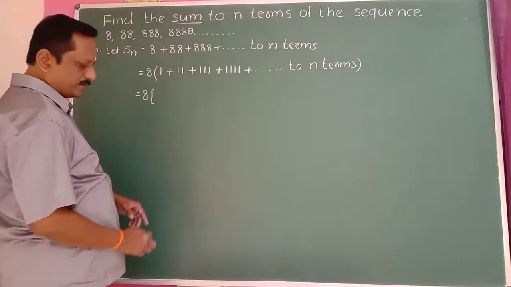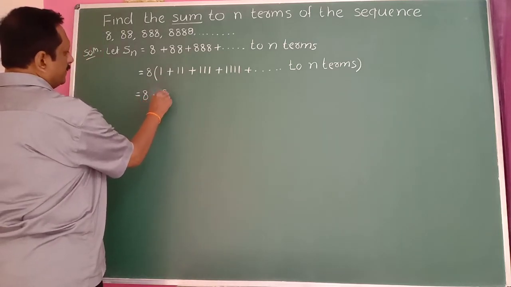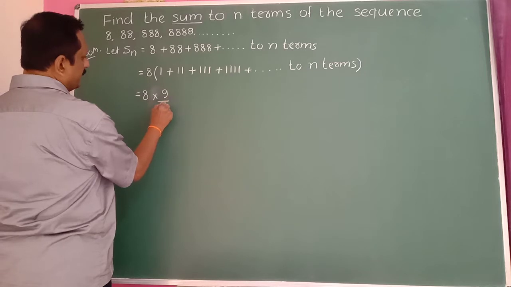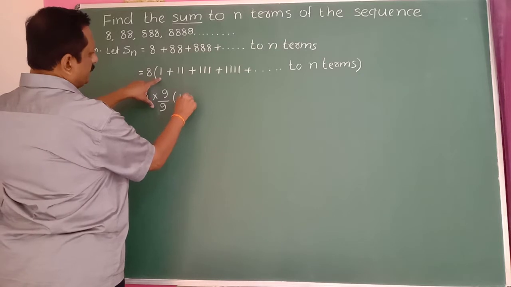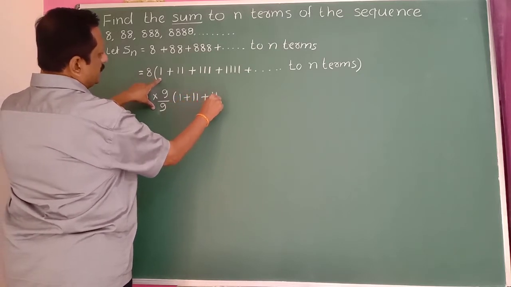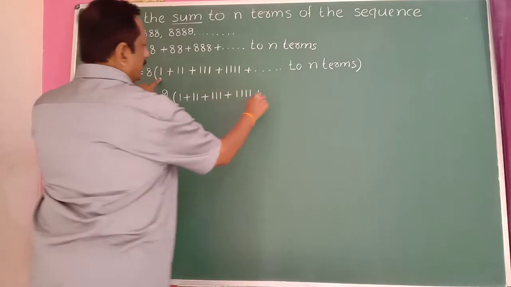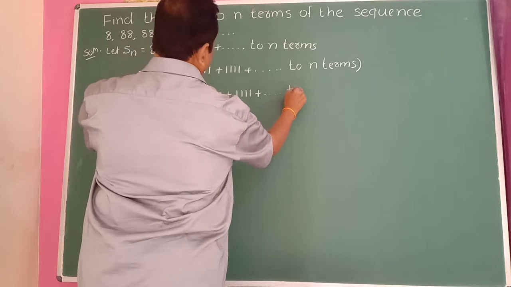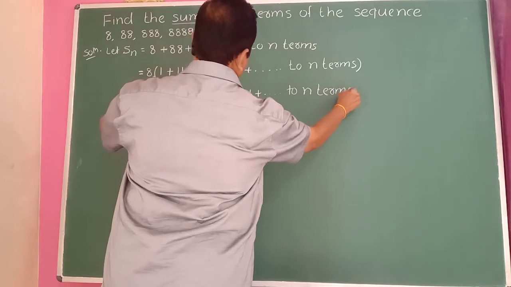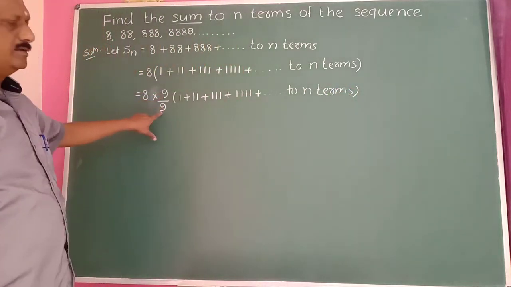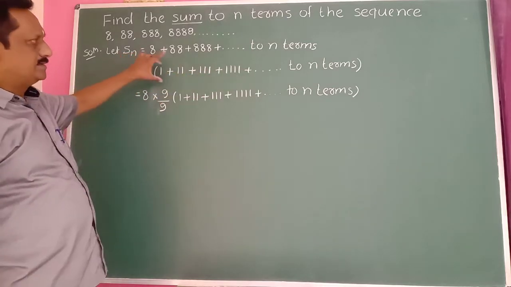One line multiply and the other line divide. So one is multiplying by 9 and the other is dividing by 9, into 1 plus 11 plus 111 plus 1111 plus and so on up to n terms. The 9 cancels, and we get the same result again.